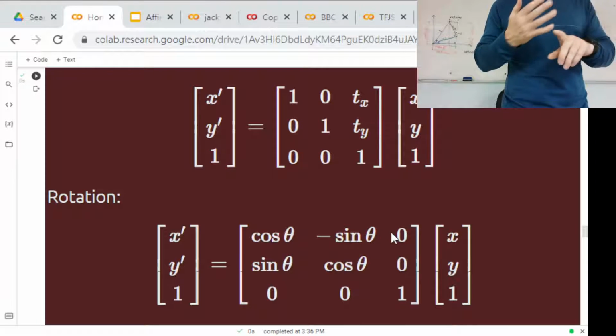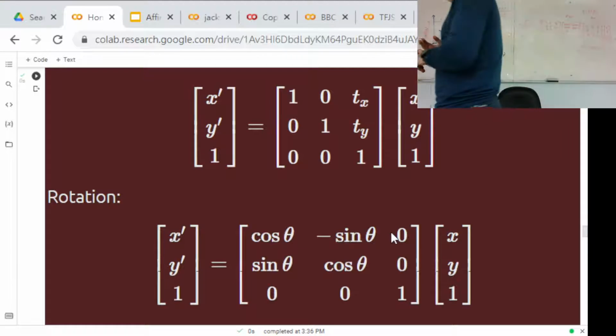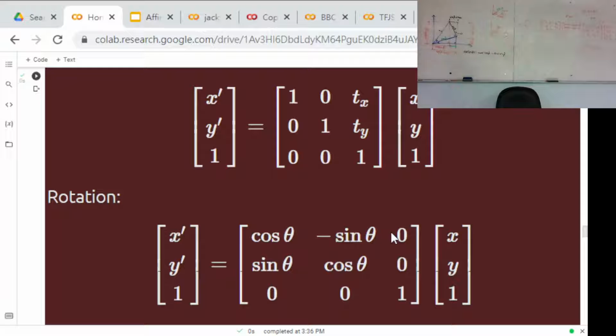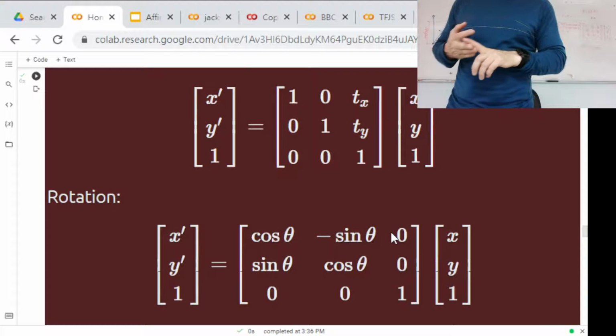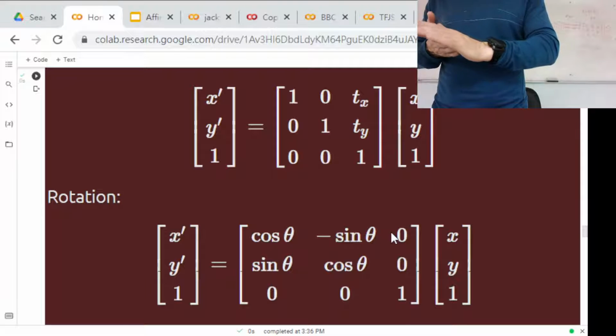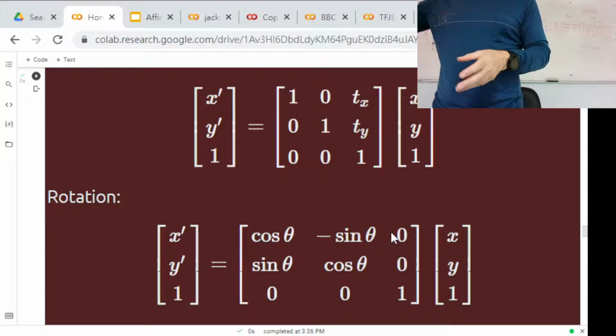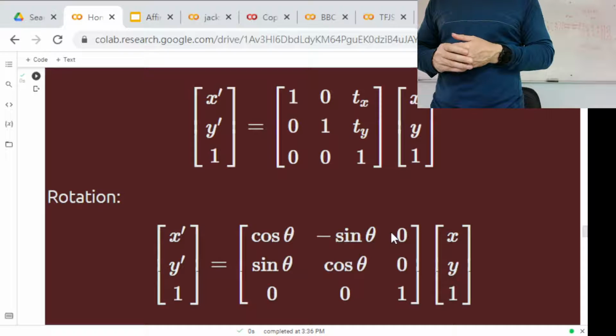Homogeneous coordinates and the associated 4 by 4 transformation matrices are fundamental to computer graphics, computer vision, and also a lot of robotics in general because of the kinematics and the inverse kinematics problems.